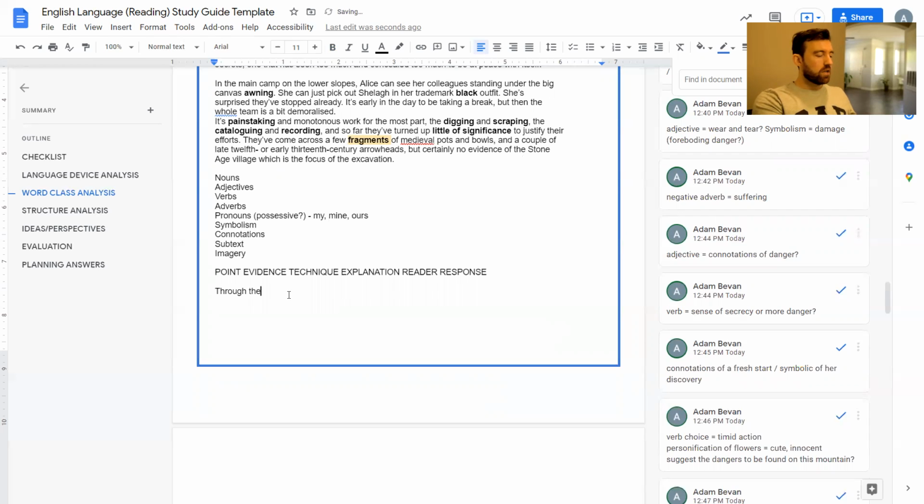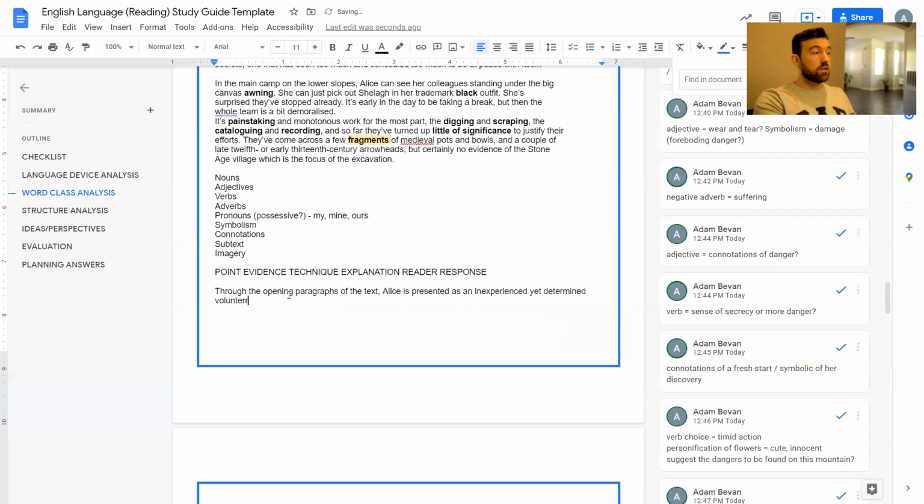So through the opening paragraphs of, I forget the name of the piece, so I'll just put the text for now, source A. Through the opening paragraphs of the text, Alice is presented as an inexperienced yet determined volunteer on the dig site.